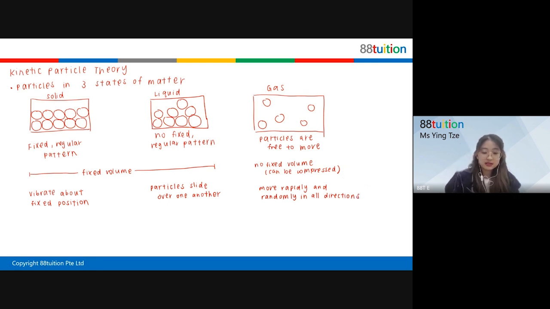So for the solid, we also see that the particles are very near each other, packed very closely. So we also say that they have very strong intermolecular forces of attraction. Then for the liquid, even though they are not in regular patterns, they are still close together.